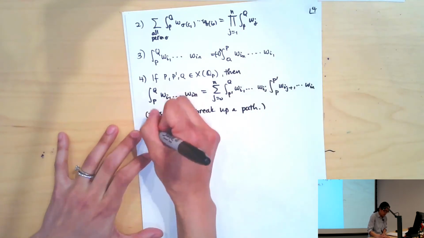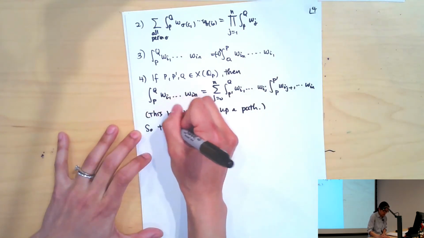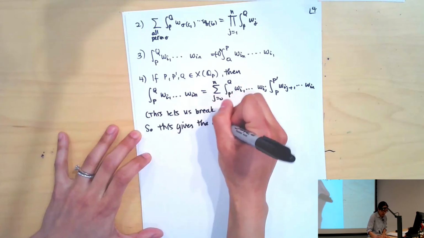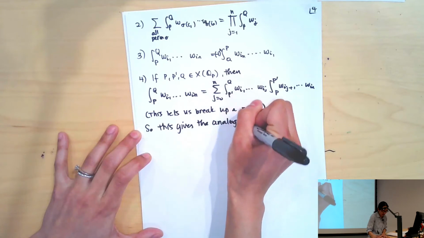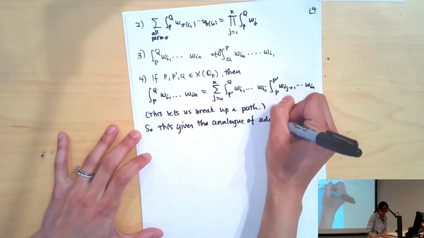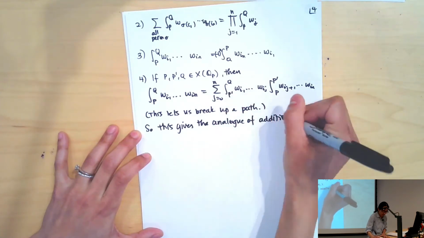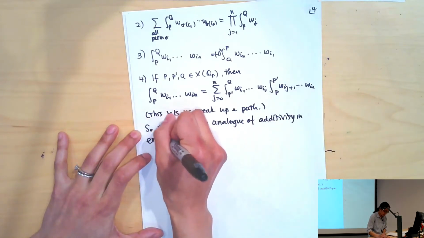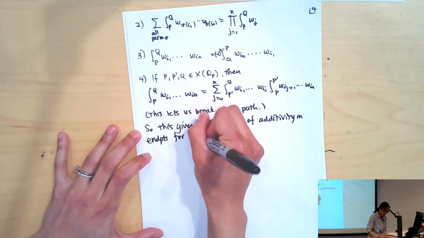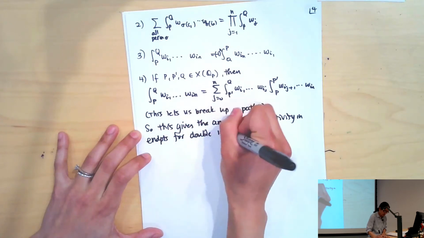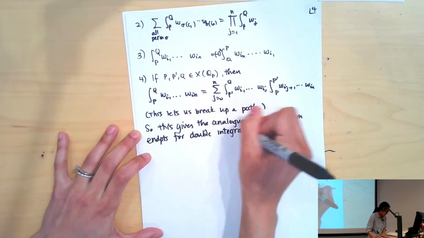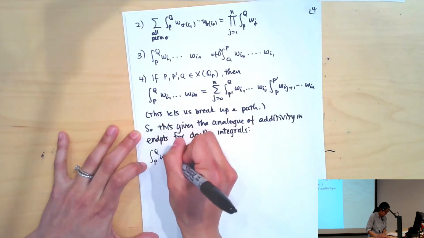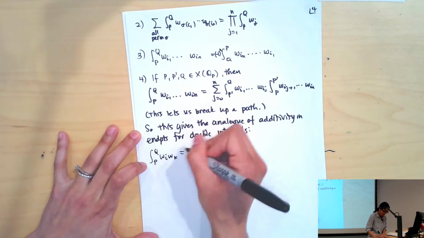Okay, so this gives us the analog of additivity of endpoints, additivity for our double integrals. So there are more terms involved, but there's not too much that's different here.